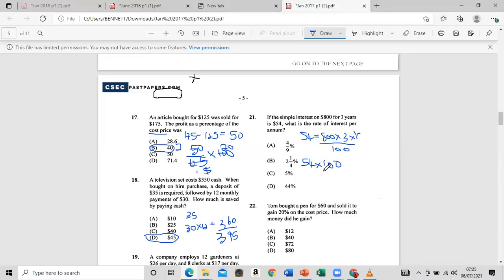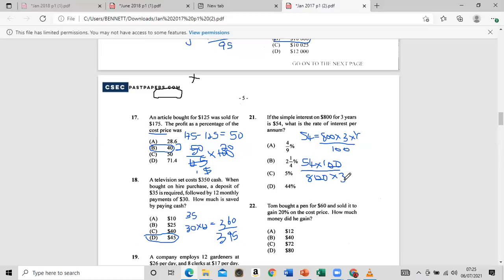So this, I will divide by this. By now, everyone should know how to transpose. You don't know? Make a video then. There is no time right now for that, right? So this to this. 3 can go into 54, 18 times.